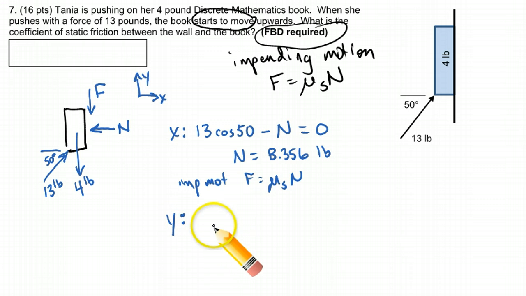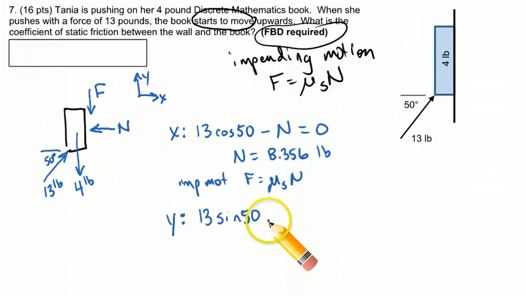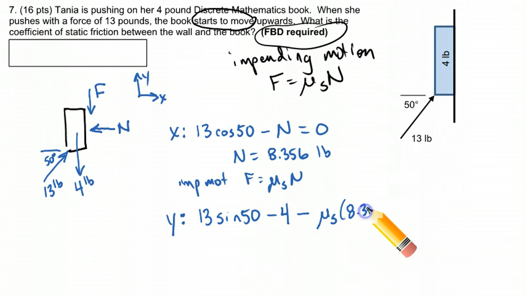So our y equation is going to be 13 sine 50 up minus 4 pounds down minus our friction force, mu sub s we don't know, times 8.356. And all that's going to be equal to 0. So we had 3 forces in the vertical direction, the 13-pound component, the 4-pound weight, and the friction force.